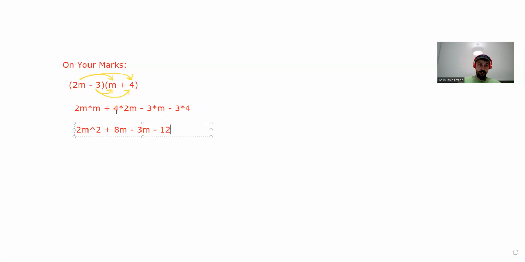So you got some like terms to combine here. So you got 2m squared, 8 minus 3 would give you a plus 5m minus 12, right?